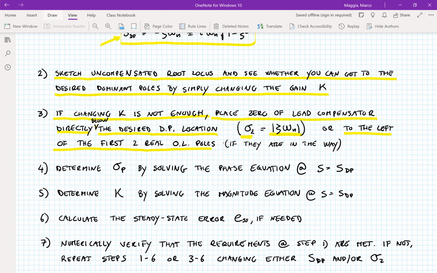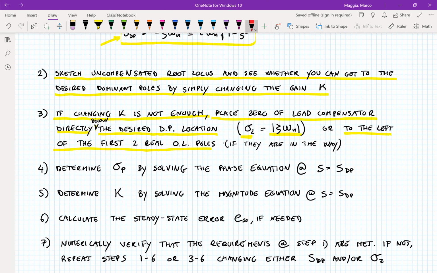So let's say that you had your dominant poles location right here, but it happens that your uncompensated system has one pole here and the second pole is here. So instead of selecting the zero of the compensator right below the dominant poles, you just select the location slightly to the left of the second open loop real pole, if that is the case.